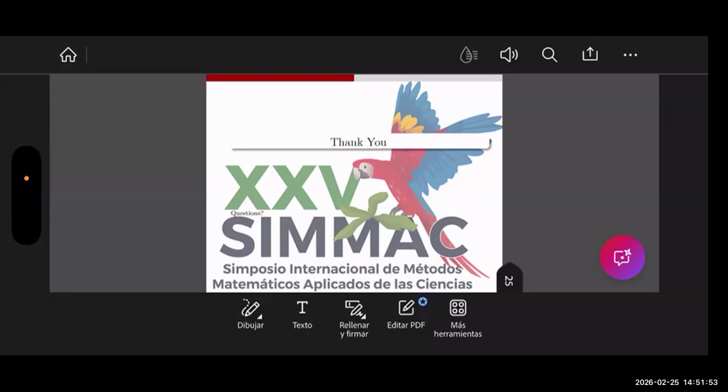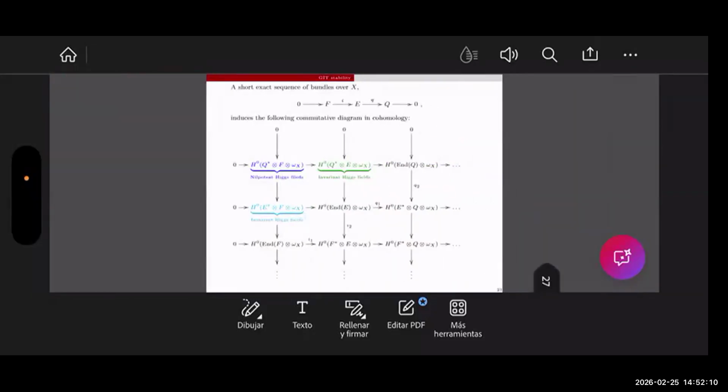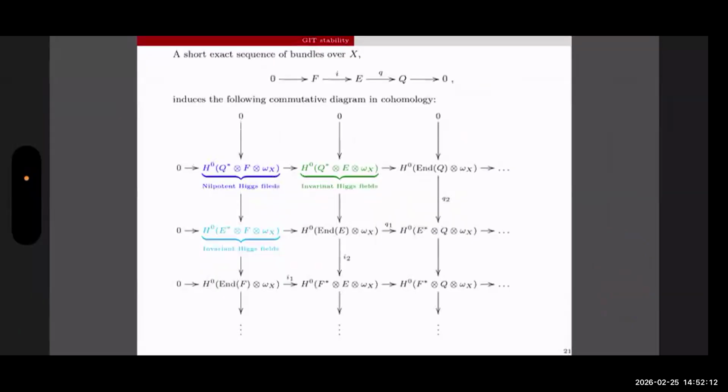Edgar, do you use some stability function, like the stability function for coherent systems? The GIT stability is a work in progress, but I think I have something to say in the slides. For the stability function, we are working with these cohomology spaces that geometrically have some meaning.